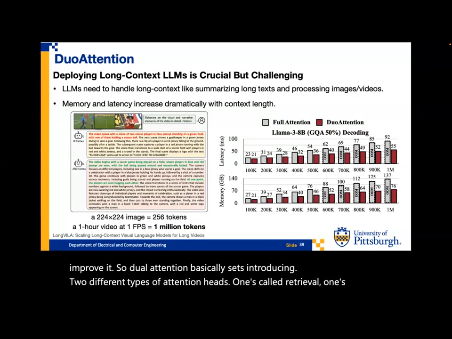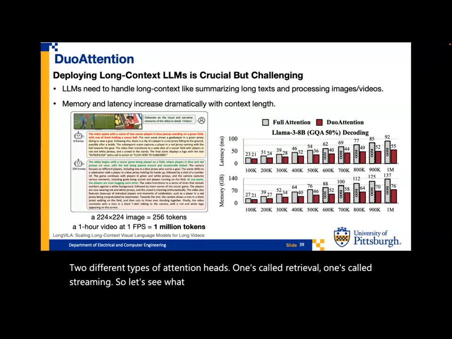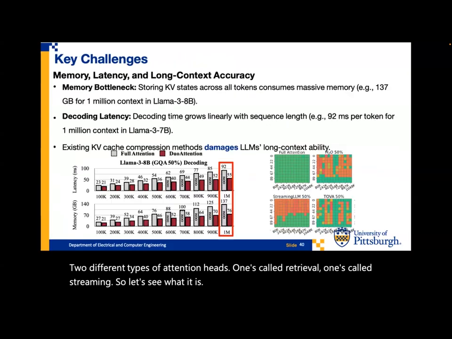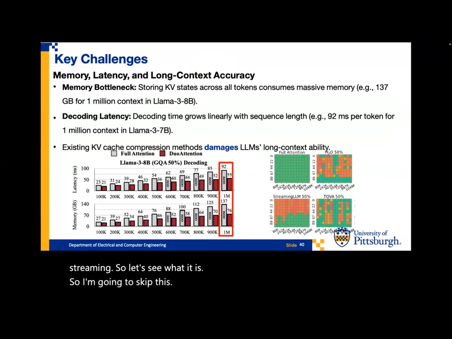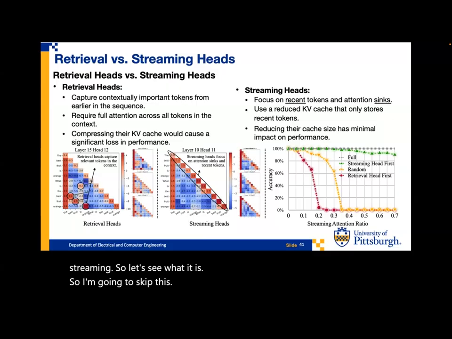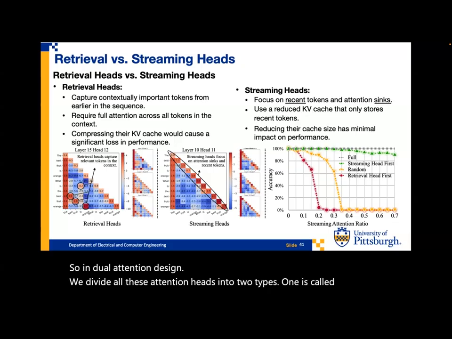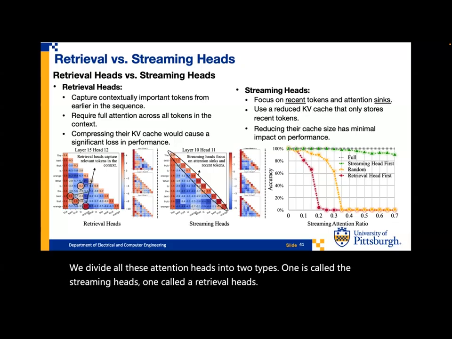So in the dual attention design, we divide all these attention heads into two types: one called the streaming heads, one called the retrieval heads. Okay, and what are they?